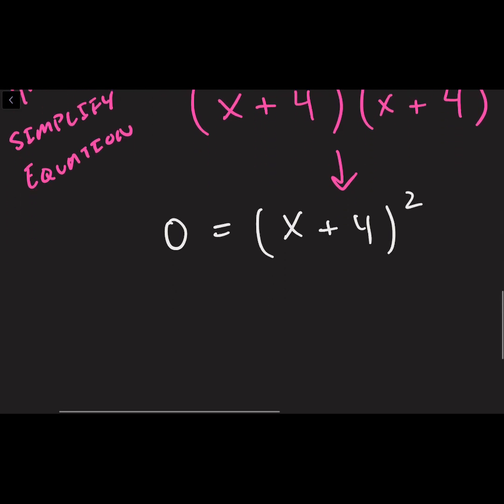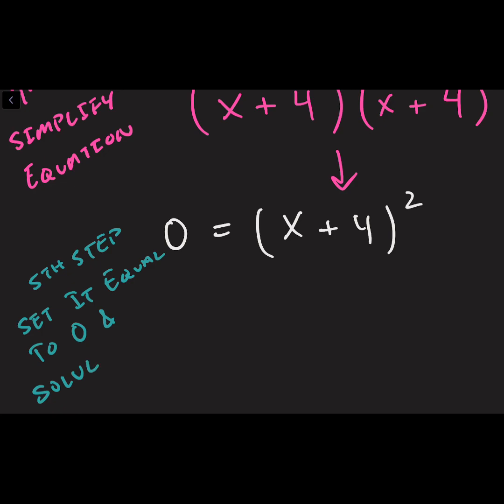Now that we simplified it, all we got to do is put it in. We're going with our fifth step today: set it equal to 0 and solve for x.